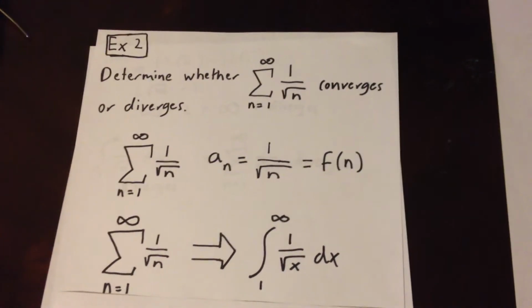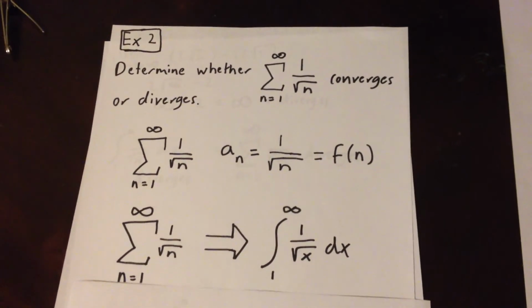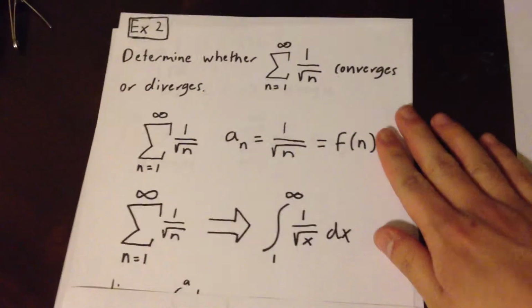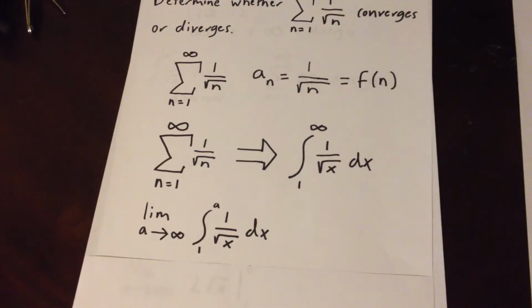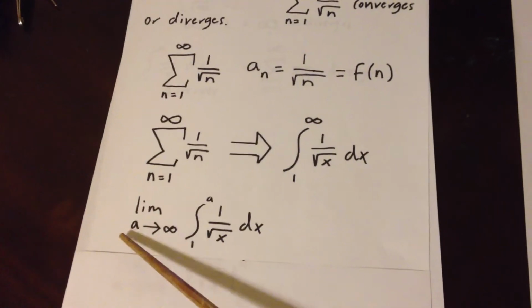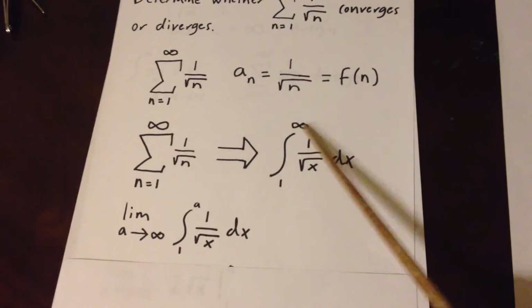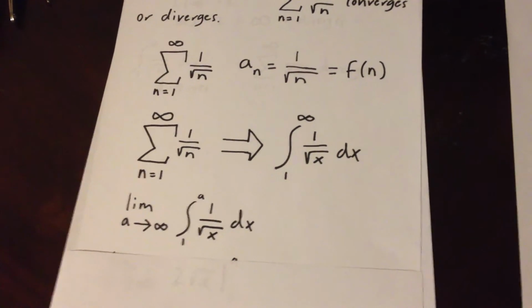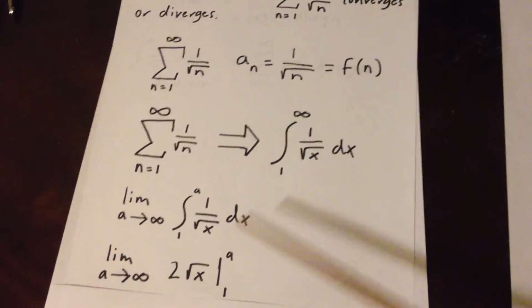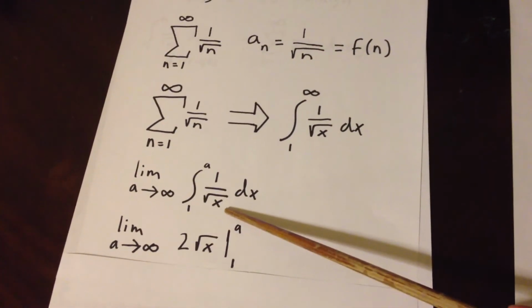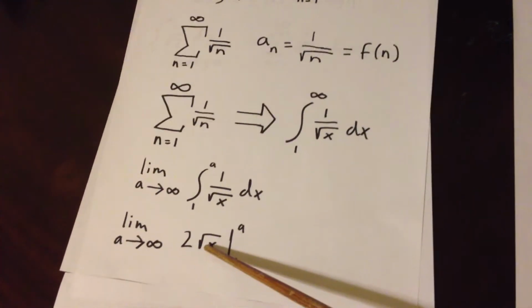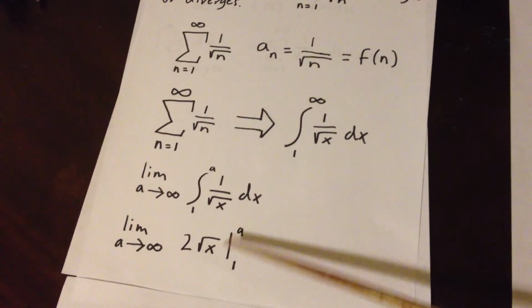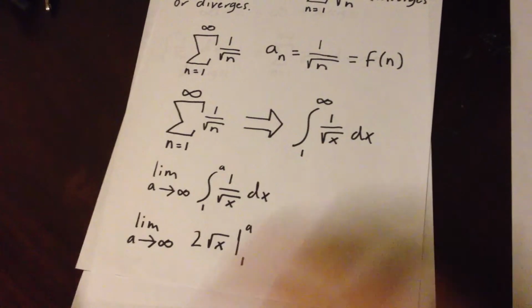After you have satisfied the three requirements, you can then integrate the improper integral. Like before, you have to substitute a variable a for the infinity at the upper bound, and thus use limit notation. Then you can take the antiderivative of this function, which is 2 square root of x, and evaluate it from 1 to a.